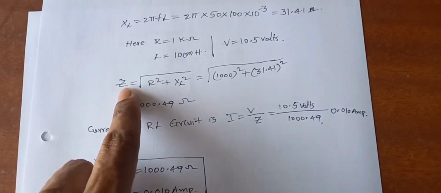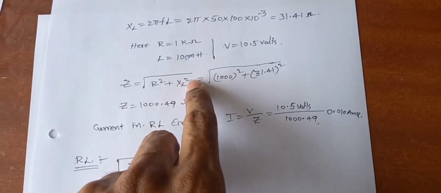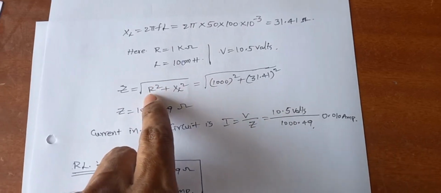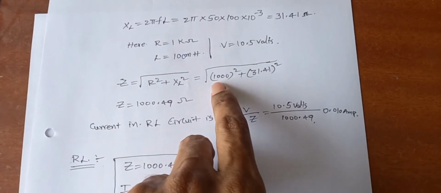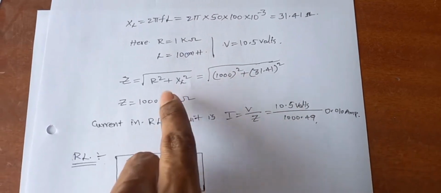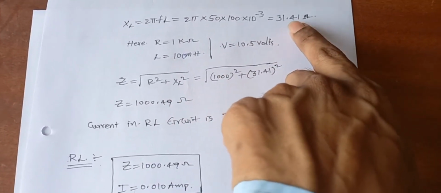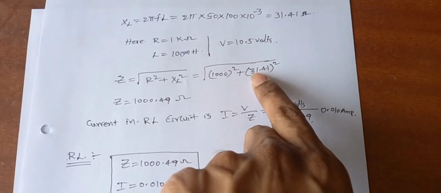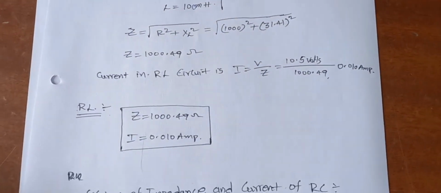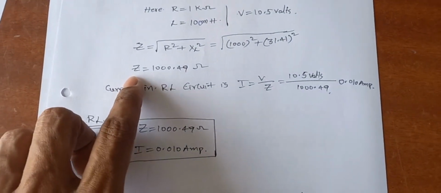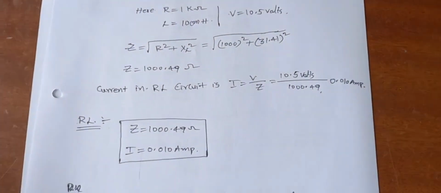So Z is equal to root R square plus XL square. Resistance is 1 kilo ohm, so 1000 whole square plus the XL value 31.41 whole square. According to that we got impedance value Z is equal to 1000.49 ohms.